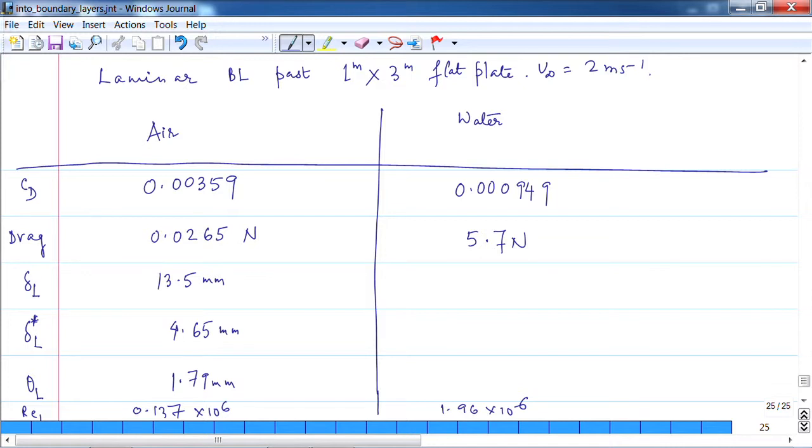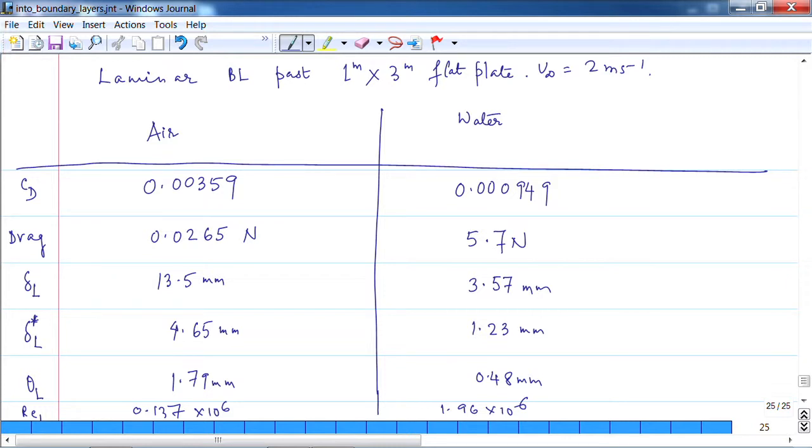Delta L is 3.57 millimeters, delta star is 1.23 millimeters, and theta is 0.48 millimeters. So this is very interesting.